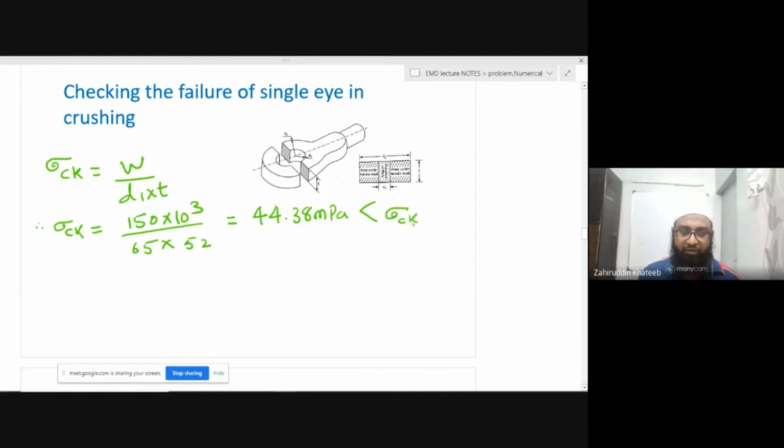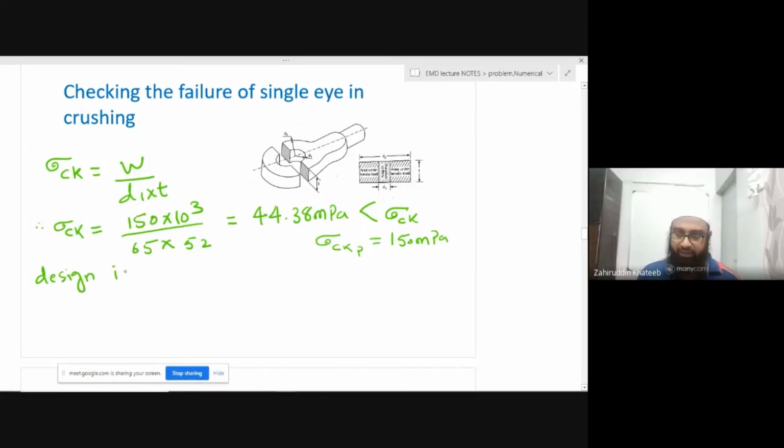And this sigma ck permissible is given in the example, that is 150 MPa. So the design is safe.